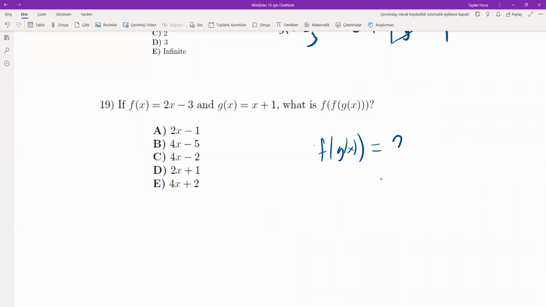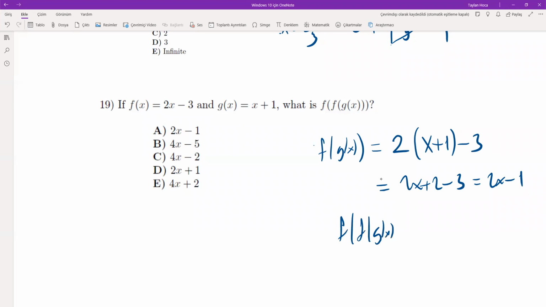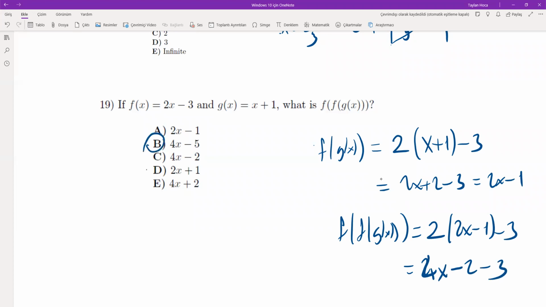It is 2x plus 1 minus 3, 2x plus 2 minus 3, 2x minus 1. f of f of x is 2x minus 1 minus 3. So 4x minus 2 minus 3, 4x minus 5. It's just that. Please, try to do that yourself.